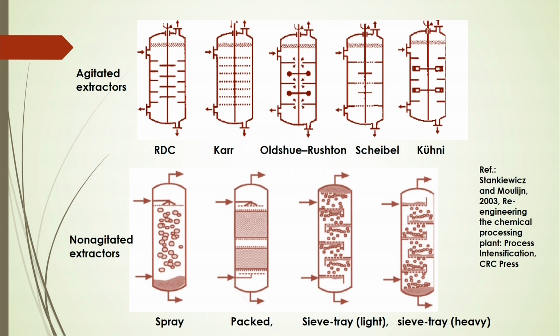Even the sieve tray, you will see the distribution of the vapor or gas through the porous plate or tray, through which you can get the formation of bubbles or droplets, and that will produce more interfacial area and give intensification of mass transfer and chemical engineering processes.